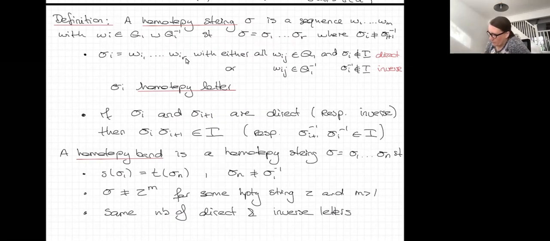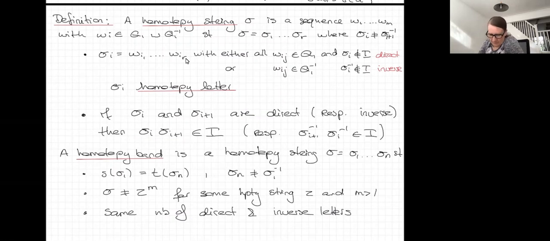And moreover, the sequence of inverse arrows should be a non-zero element in the algebra. And if we have two subsequent direct or inverse homotopy letters, then we would like their concatenation to be in the ideal. So composing them is 0.